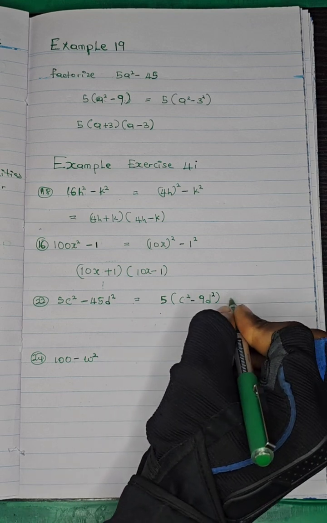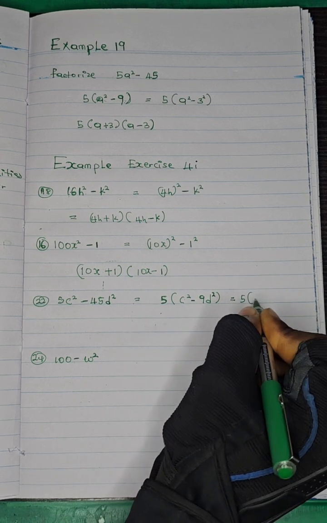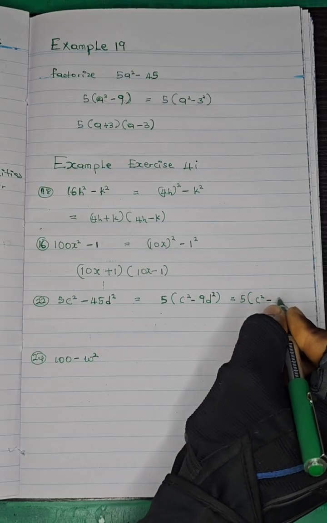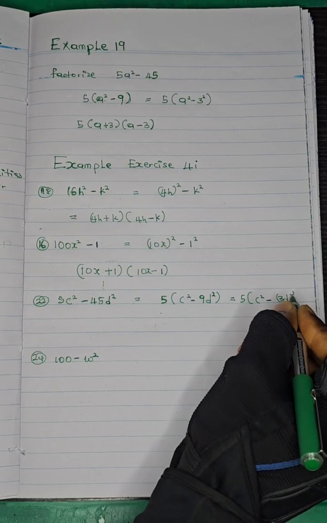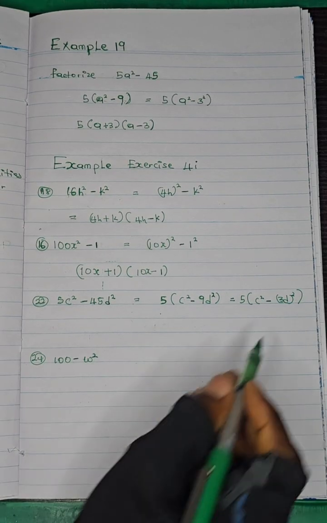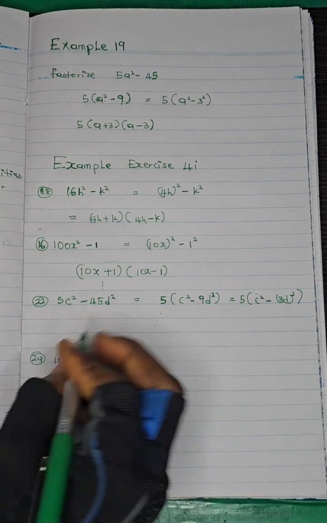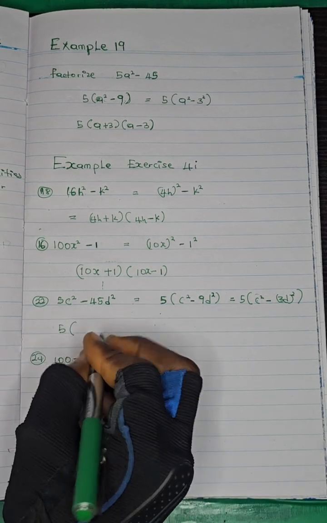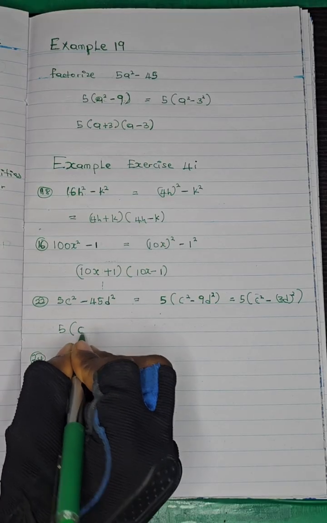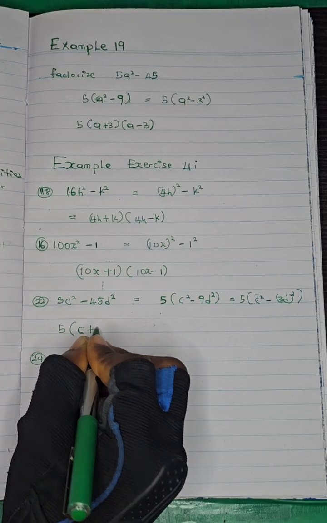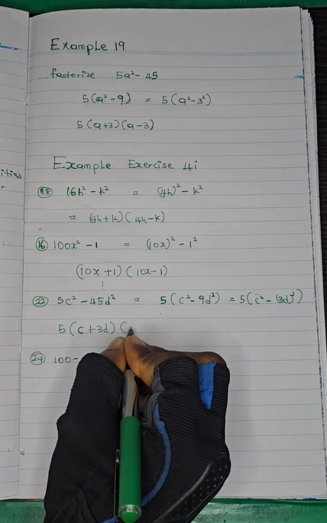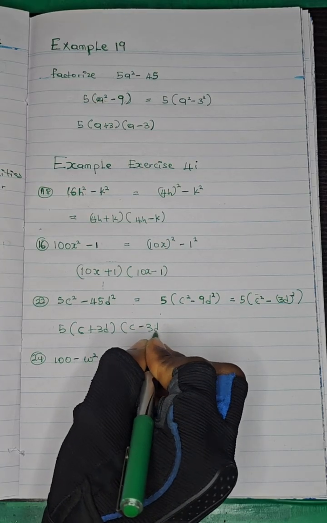We can further rewrite this as 5 in bracket c squared minus 3d all squared. So we are dealing with 3d and c. They are the ones that have the square. So we now have 5 in bracket c plus 3d, another bracket c minus 3d.